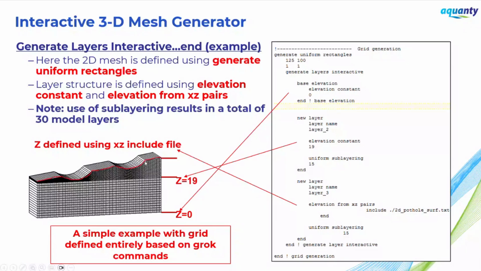And then maybe a series of XZ pairs that more accurately represents this pothole shape. And basically, the elevation of individual nodes is determined by just interpolating values from this list of XZ pairs. So the end result is the mesh that we see on the right.